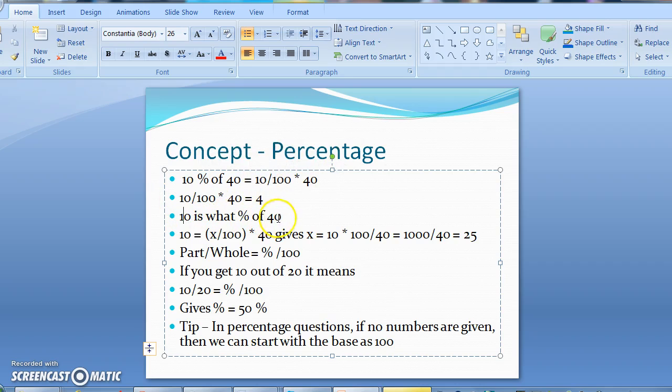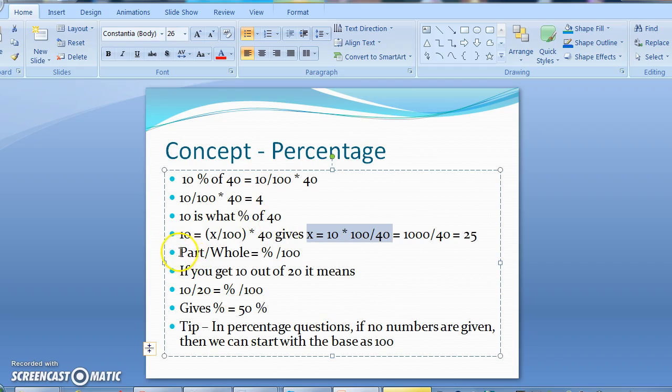If I ask, 10 is what percent of 40, then 10 is equal to x percent, that is x out of 100, of 40. If you solve that, x equals 10 into 100 by 40, which is 25. Which is quite obvious directly also. 10 is what percent of 40 means 10 divided by 40, which is 1 by 4, which is 25%.